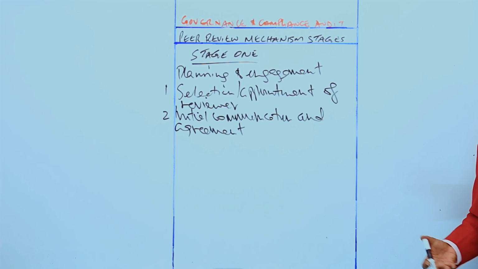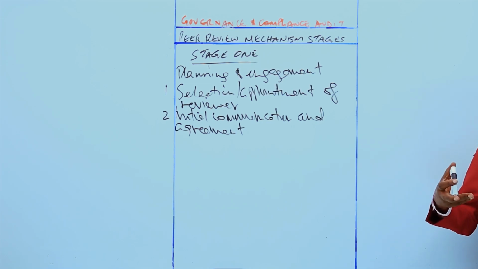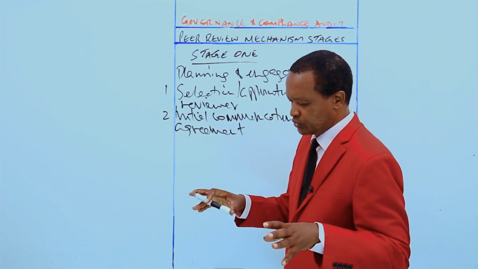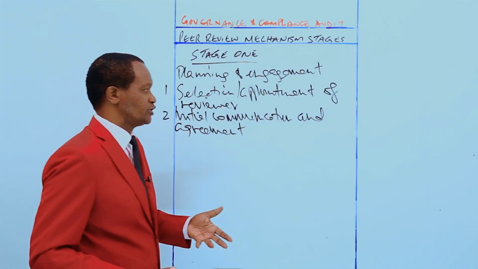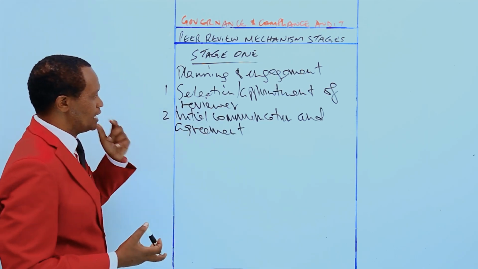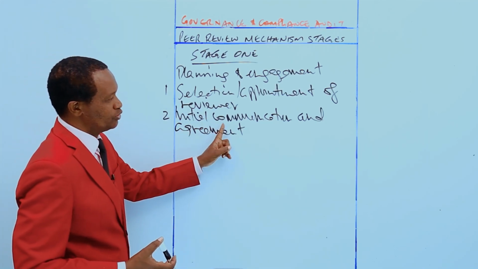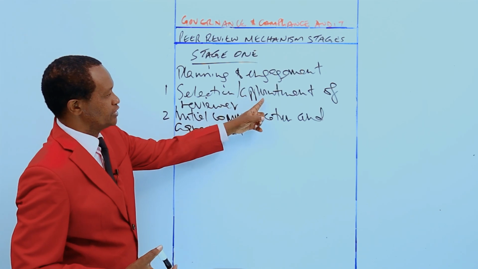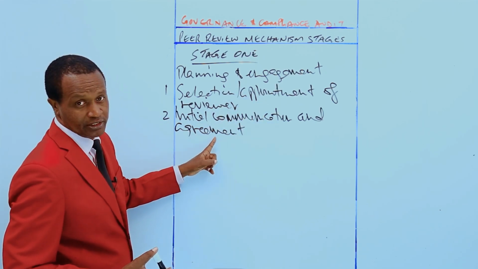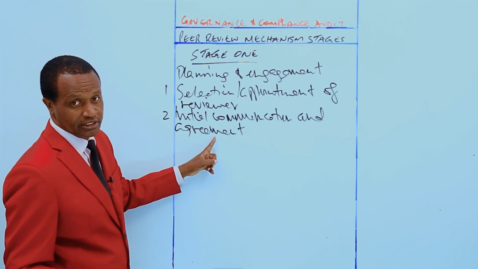There is also the kickoff meeting or the inception meeting, which may be held to introduce the teams, to discuss expectations, and also to clarify responsibilities and roles. That should be part of the agreement. That's the initial communication. After the reviewer is appointed, there ought to be an initial communication and agreement, which we explained in detail.